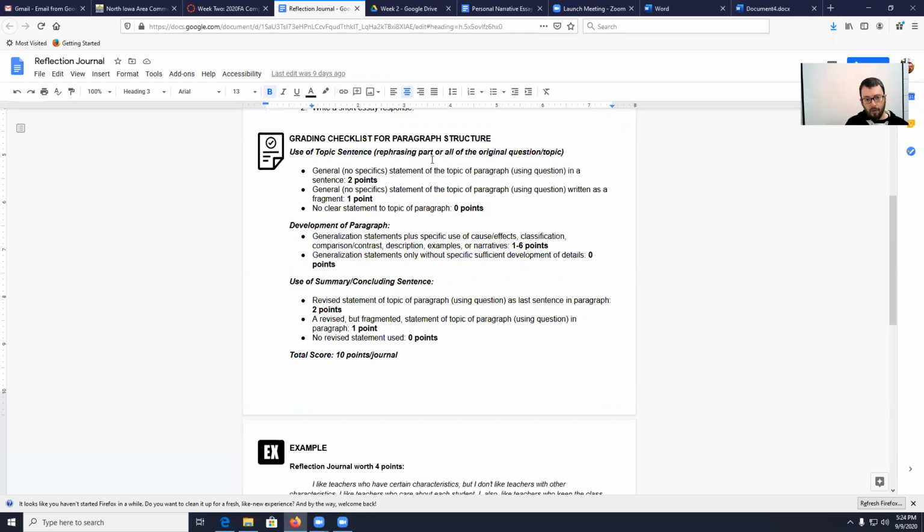So if you remember, I just set up here rephrasing part of that question. So the very last sentence in my paragraph should again be rephrasing that question, summarizing the whole thing, so that the reader, by the time they get to the end, is reminded one last time what this paragraph is all about.